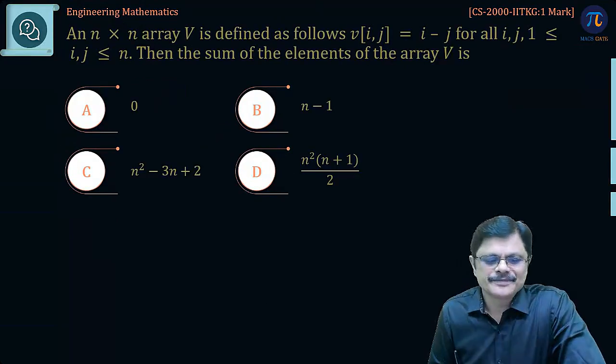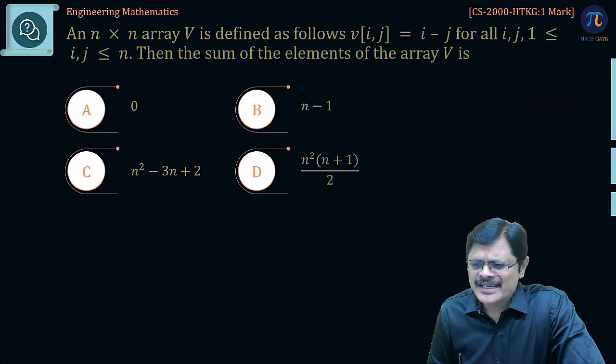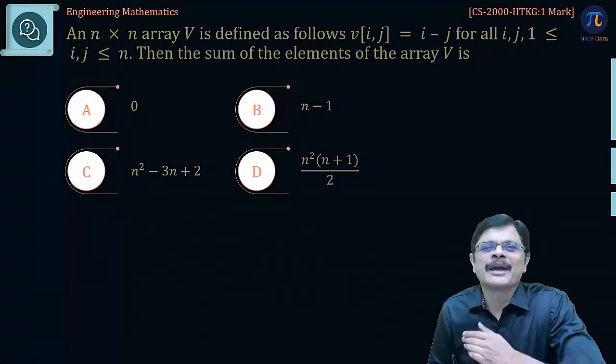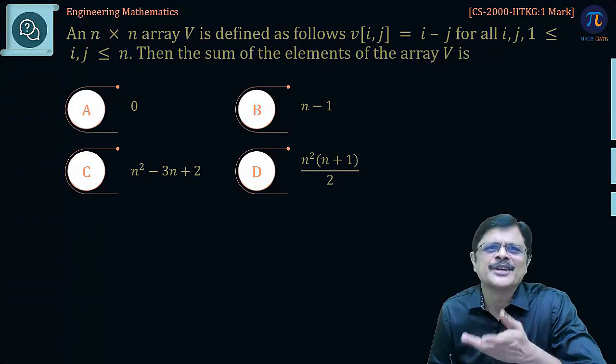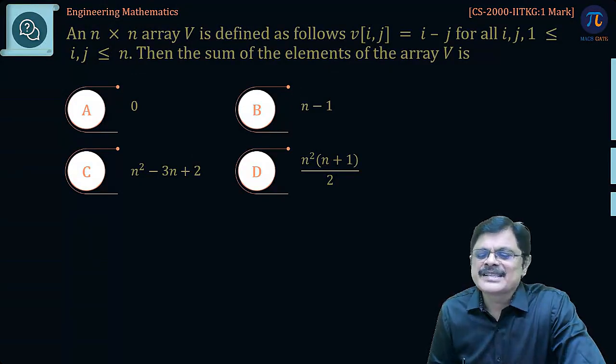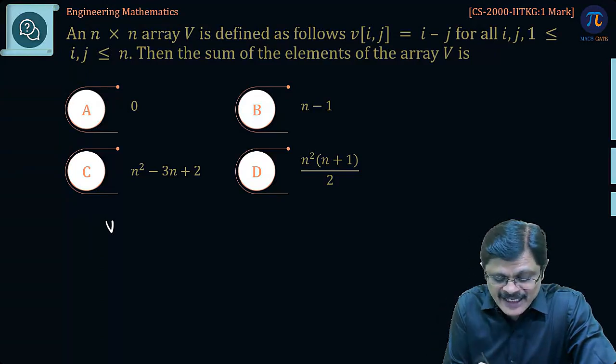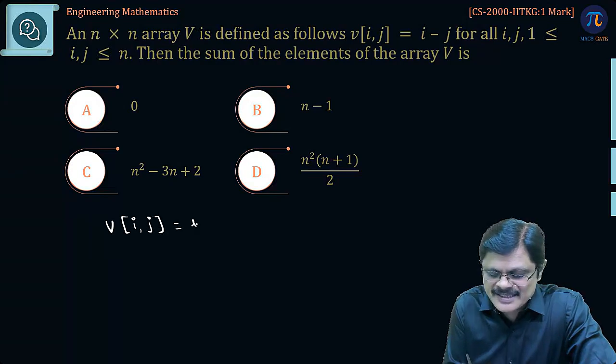Next problem. We are having an n by n array. It is asked for CS students, sir, n by n array or n by n matrix, you can call it. Instead of saying n by n array, we are calling it an n by n matrix. A matrix is a 2D array. It is defined as follows: the elements are defined like this. Vij is equal to i minus j.